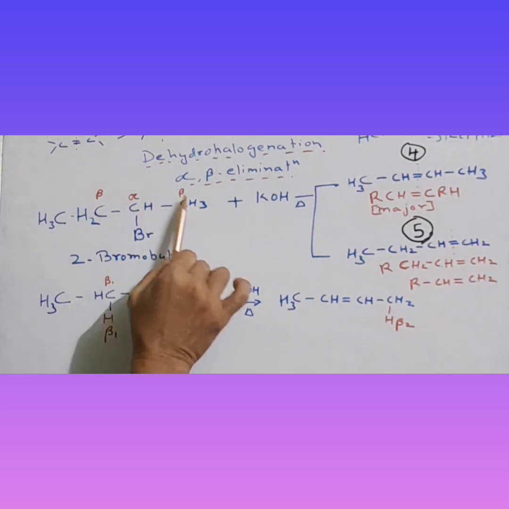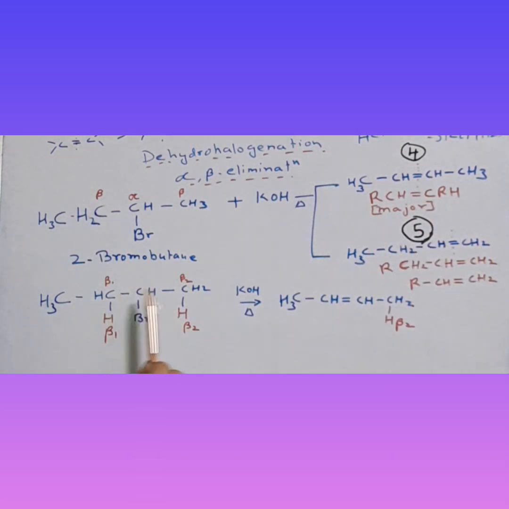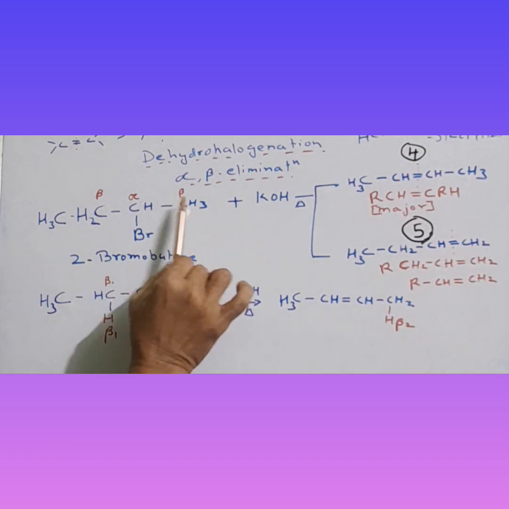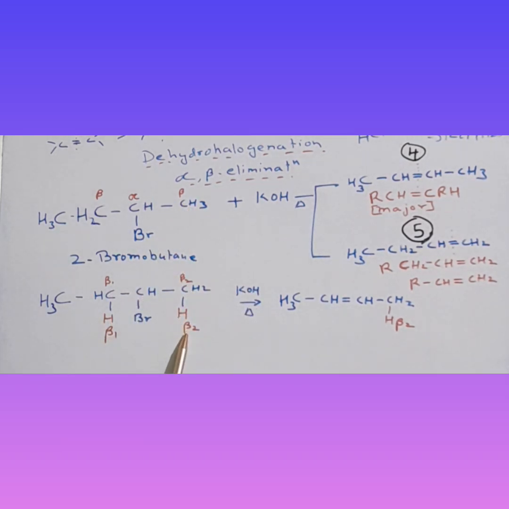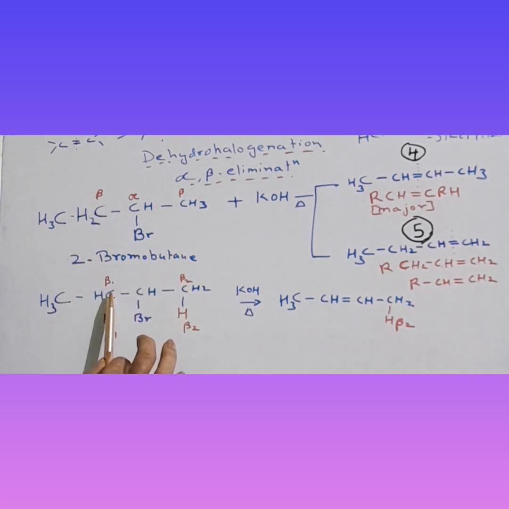So now for this product, I put it this way. One of the H I have put in red, and here also one of the H I have put as red, just to differentiate. Instead of CH2, I have written it as CH, with one H which is going to take part in dehydrohalogenation. Similarly here also, this is going to take part in dehydrohalogenation.